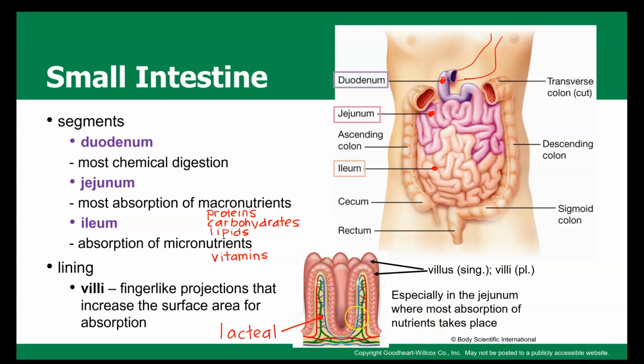So instead of having a flat surface, it creates all these access points for those broken down nutrients to cross those cells and get into the bloodstream, which you see here represented by the capillaries, red and blue. So the villi increase surface area for absorption, and they are finger-like projections.